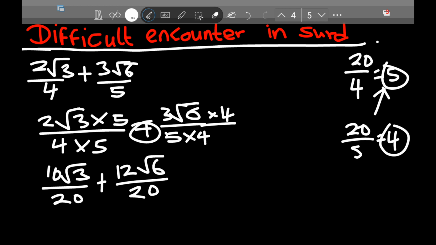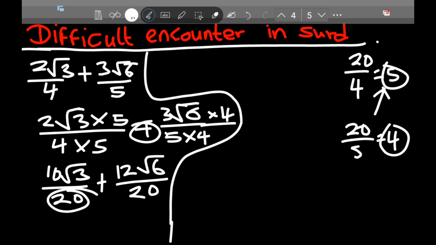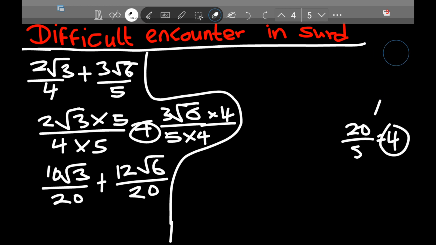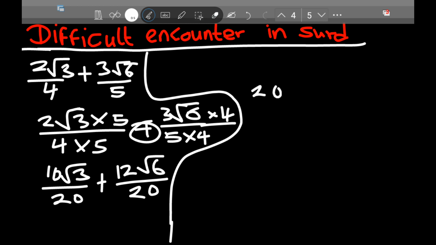So now let's split it into two parts. So at this point that we have got common denominators, we want to choose one, but I'm going to get rid of this 12 because we no longer need them. Then let's write 20, one of the denominators.